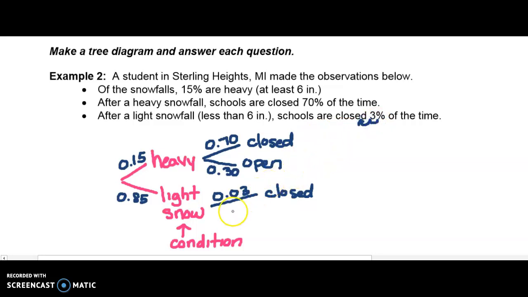So that's 0.03. So 100 minus 3 would be 97%. So for our open branch, schools are going to be open 97% of the time after a light snowfall. So this is our tree diagram showing what happens after a heavy or light snowfall.